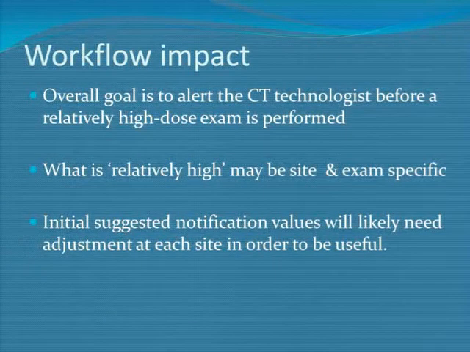So the overall workflow impact can be a problem with this. What you want to do is alert the tech before some relatively high exam is performed. And what that relatively high threshold is going to be will totally depend on the exam and the site and the comfort level of the folks involved.